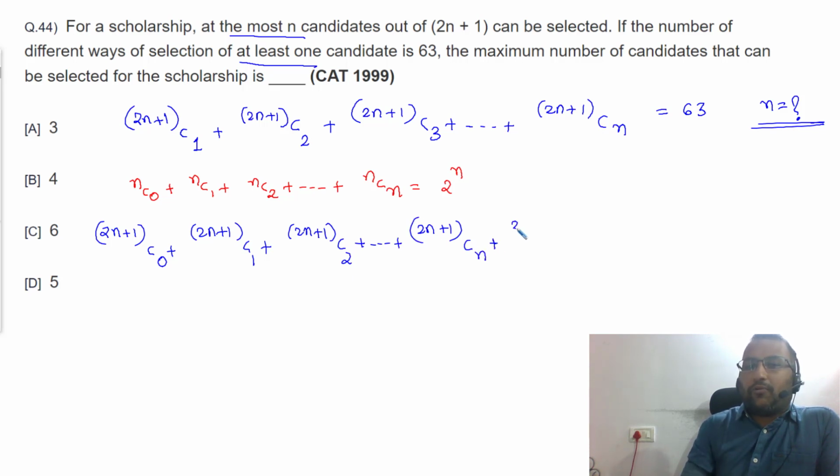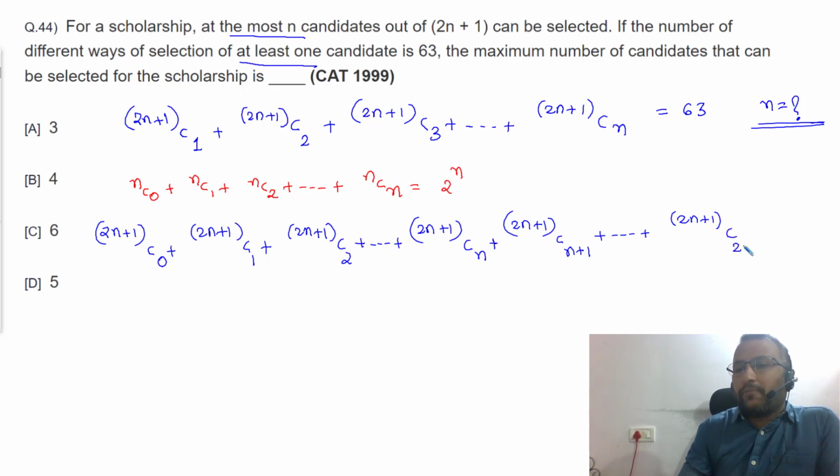Then out of 2n plus 1, we are choosing n plus 1 candidates, and so on. Then out of 2n plus 1, we are choosing all 2n plus 1 candidates. This addition is equal to how much? 2 to the power 2n plus 1, everyone.